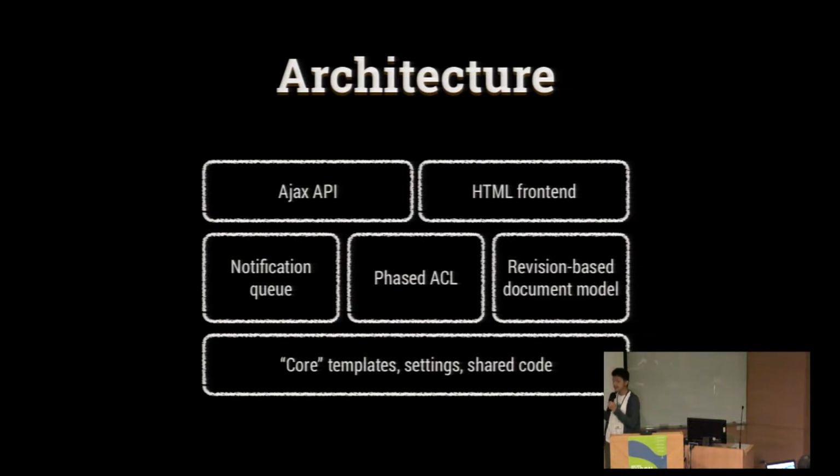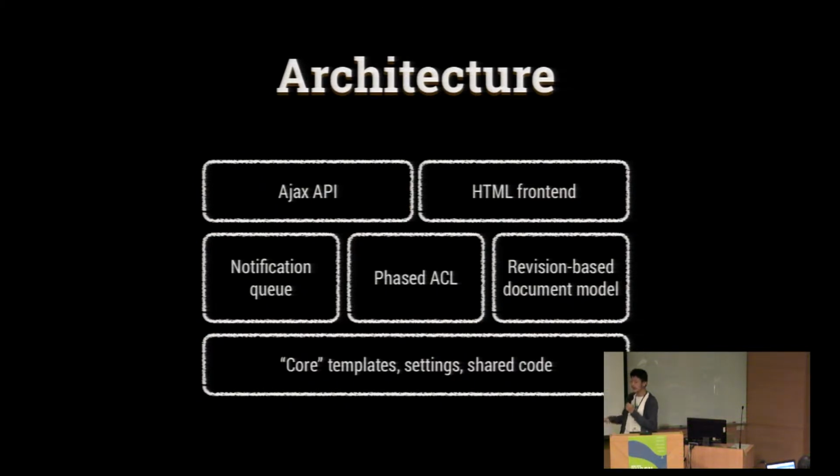And we have a face ACL, similar to the ones in the file system, that could restrict and have granularity on access control. We also have a revision-based document module that is similar to Wikipedia or other version controlling systems.